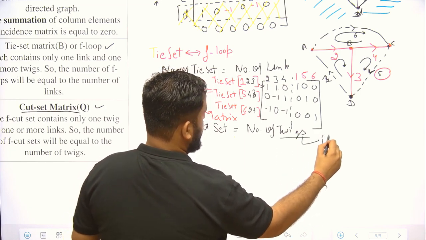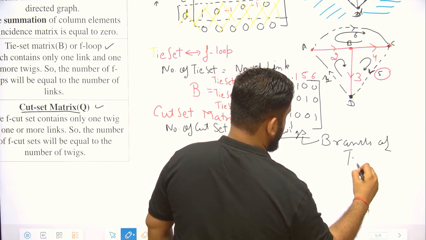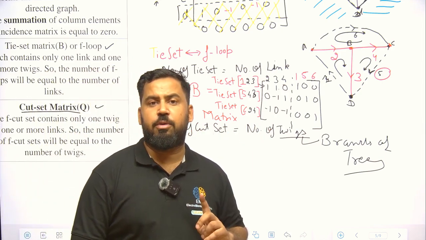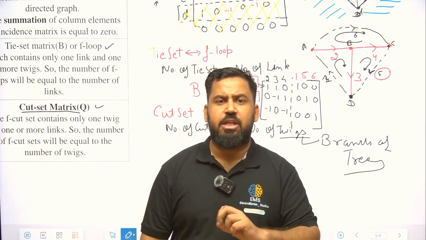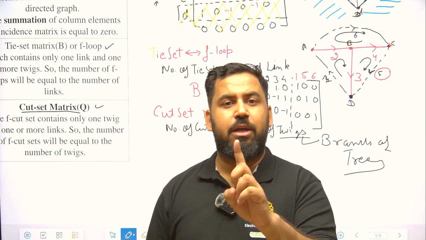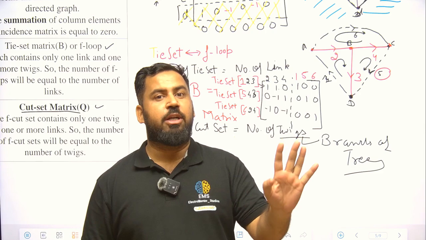Twigs, you know, are the branches of a tree. So the number of cut sets would be the number of twigs. In a cut set matrix, we have to make sure that there is only one twig. It can have multiple links in it. One twig and multiple links.